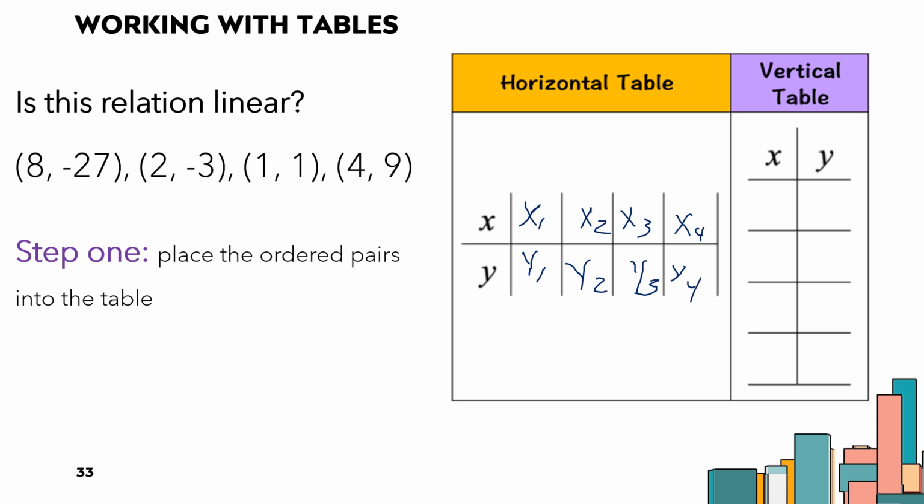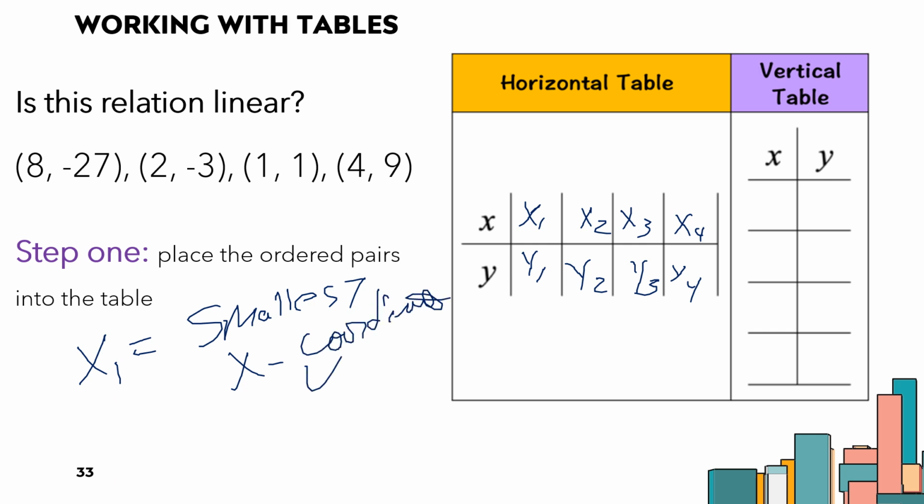Do you remember how to figure out your x1? That's right, x1 is always your smallest x coordinate or value. So I'll let you look for that on your own, and I'll meet you on the next slide with this table properly filled out, and then we'll work through the rest of this example together.